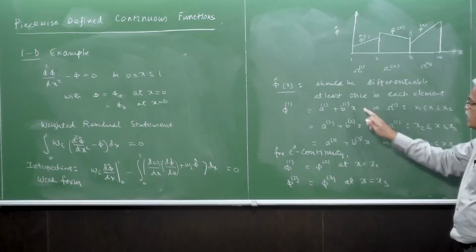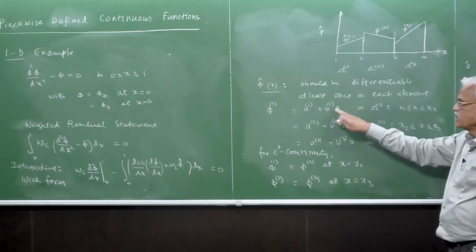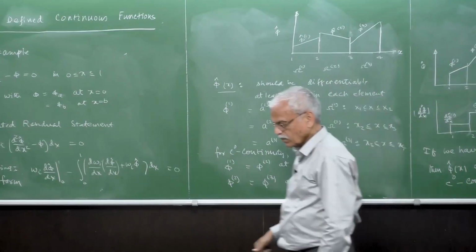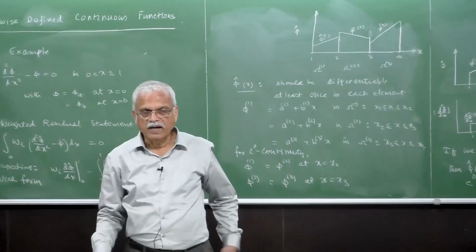So there are 6 constants here on which we have these 2 conditions which have to be applied.